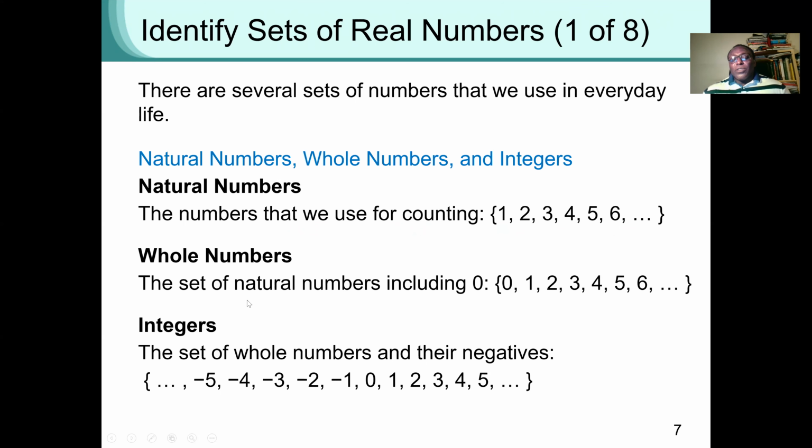The difference with whole numbers is that whole numbers are the set of natural numbers also including 0. In natural numbers, there's no 0. Then integers can be negative, 0, and positive numbers. So the integers are the set of whole numbers and their negatives also. In natural numbers, we don't include negatives.